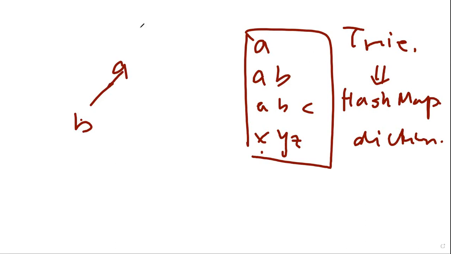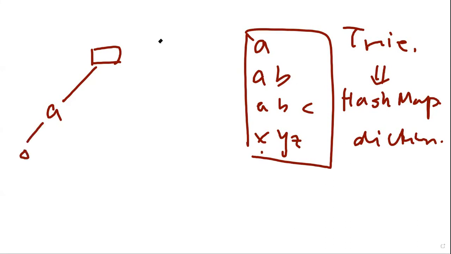Let's restart. Your root has no information, just root. And then under that, you would have one A. After the A, you don't have AA, but you do have AB. So AA is null, and then you have AB. BA is null, BB is null, you have BC.